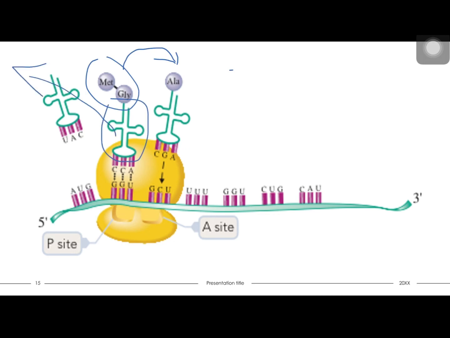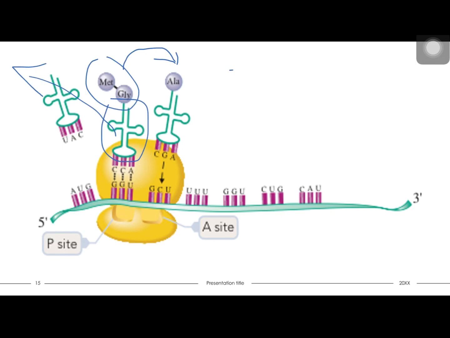Once the amino acids from the P site have moved towards the A site, it will leave the tRNA empty, and that tRNA will leave the site, making our ribosome shift to another codon and making our third codon move to our P site, leaving our A site empty or ready for another tRNA attachment.